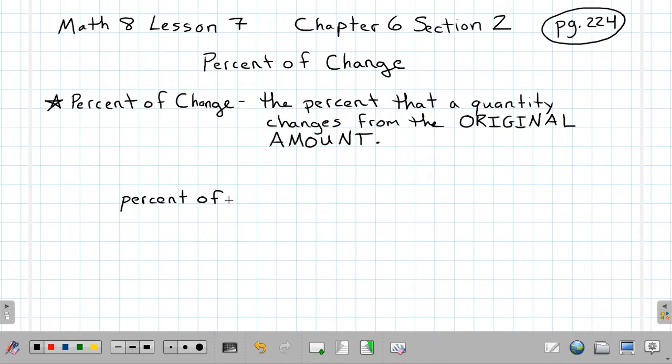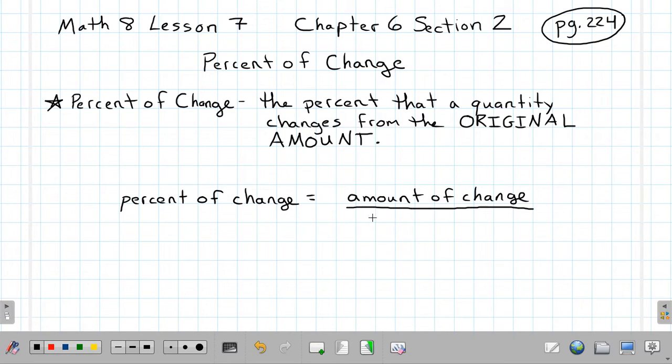Percent of change is equal to the amount of change in whatever it is you're talking about, divided by the original amount. And that's why the term original amount is in caps up here, because it's very important we know what the original amount is that we're starting with.